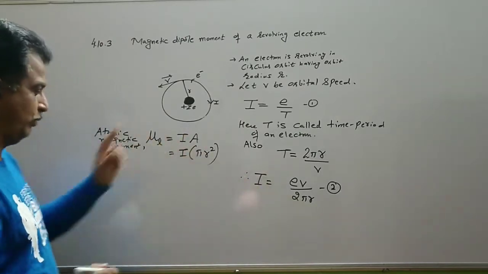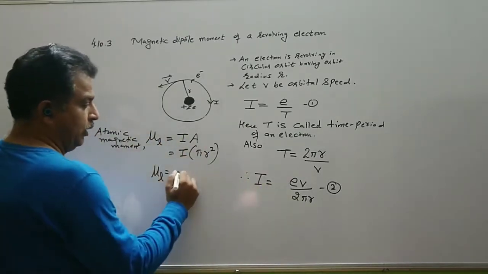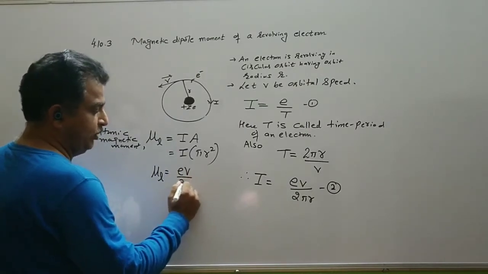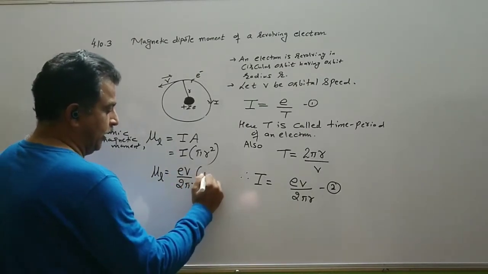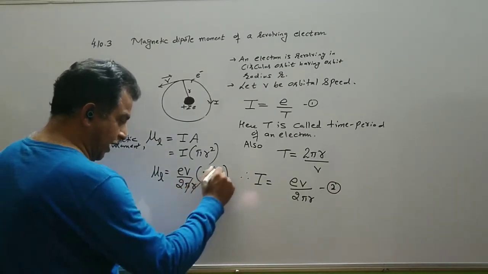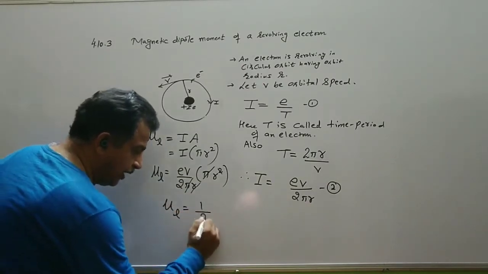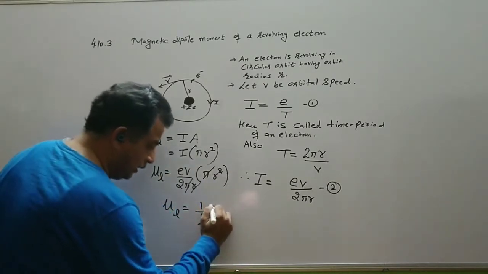We substitute this value. So mu L is equal to, in the place of I we write eV upon 2 pi r, into pi r square. So this pi is cancelled, one r is also cancelled. So magnetic moment is equal to half eVr.